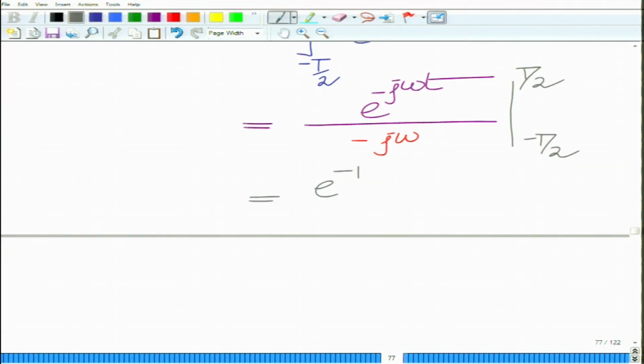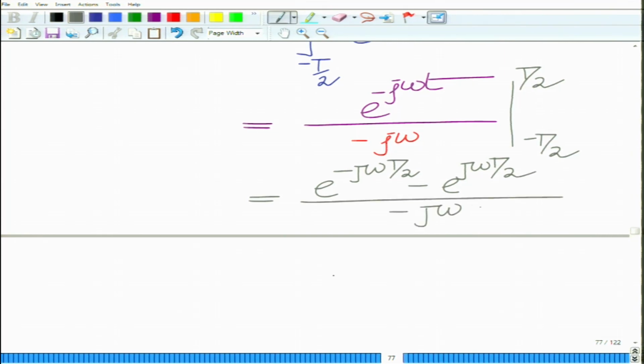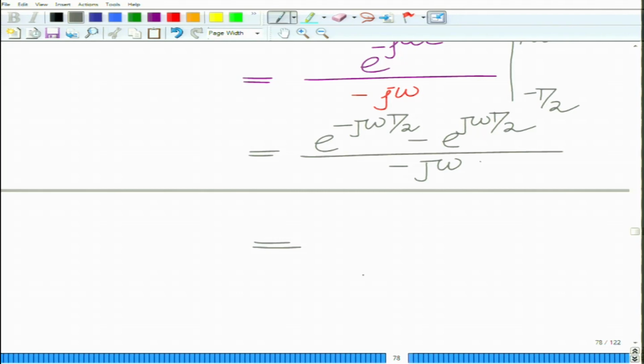Now, substituting the limits, we have e raised to minus j omega T by 2 minus e raised to j omega T by 2, divided by minus j omega.